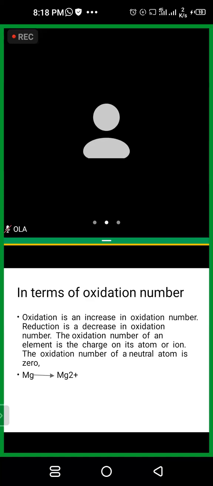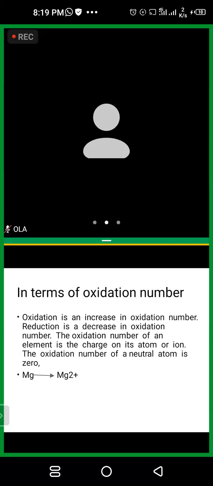Oxygen in its neutral state is 0, but the moment it accepts 2 electrons to become O2-, that tells us it now has an oxidation number of -2 and it has been reduced. I hope that makes sense.